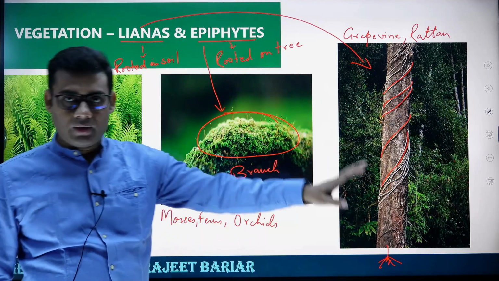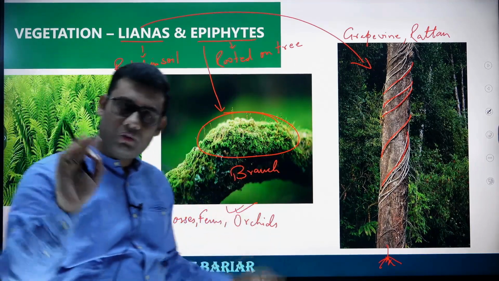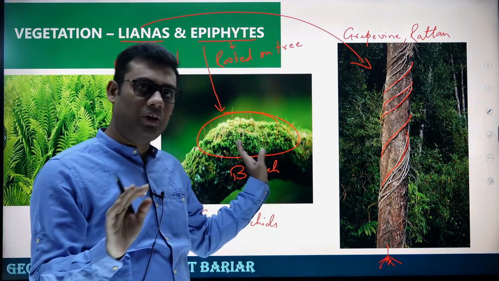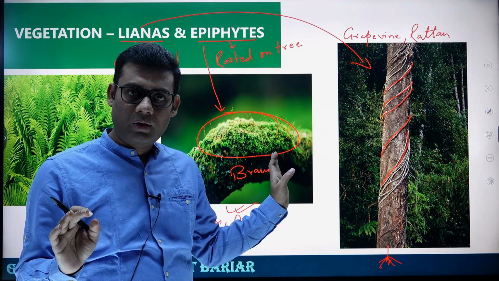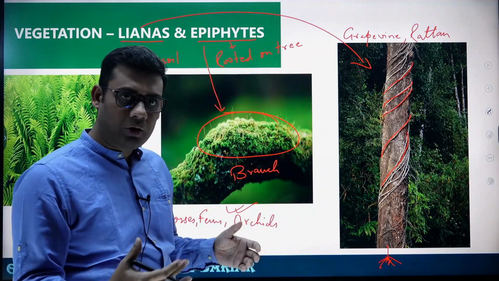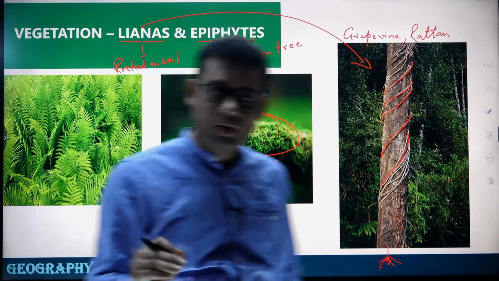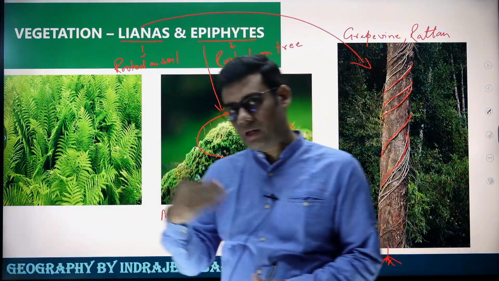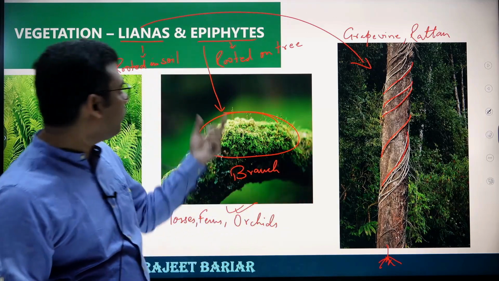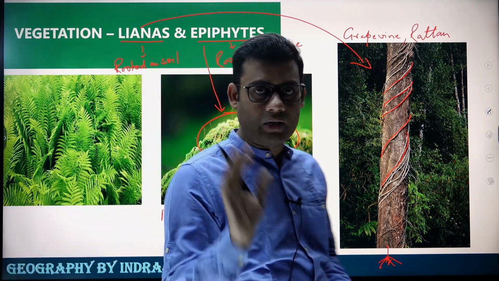So, epiphytes and lianas. Now, one very important point to note is that epiphytes, although rooted onto the tree only, do not take their nutrients from the tree. Rather, they take their nutrients and moisture from the air, and so in that case the epiphytes should not be identified as parasites. Parasite, we understand, is where one species benefits from another but harms the other species, which is the host. Here, because the epiphyte is not taking nutrients from the tree, it should not be identified as a parasite in the majority of cases.